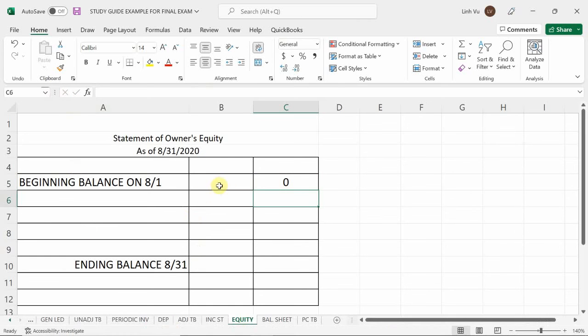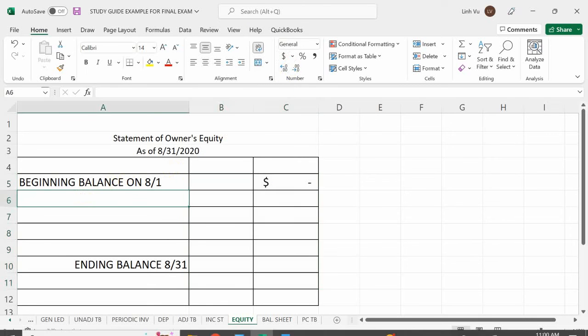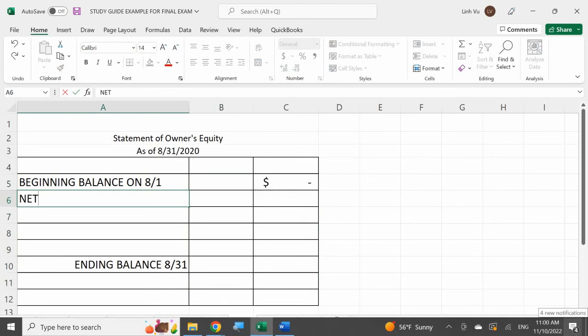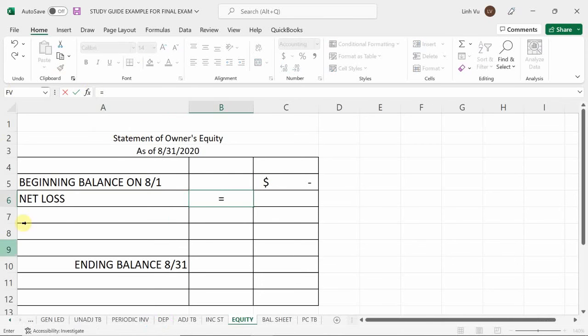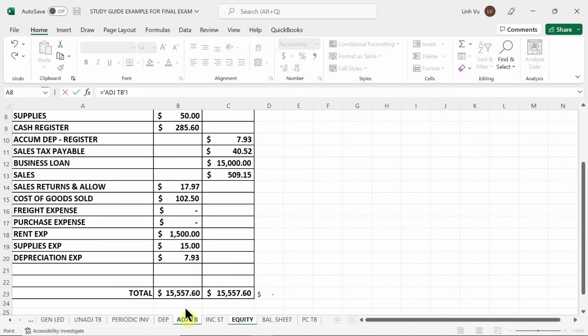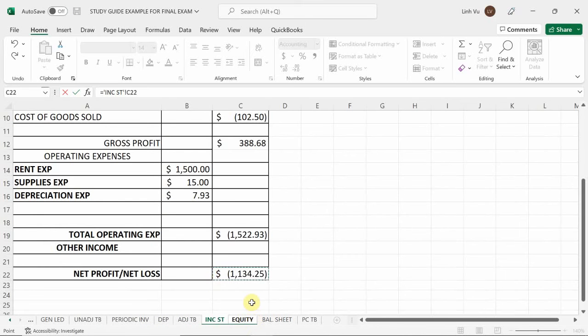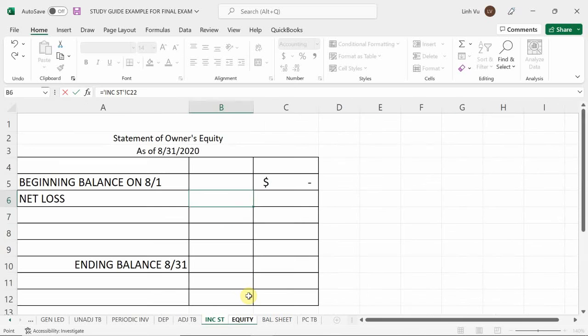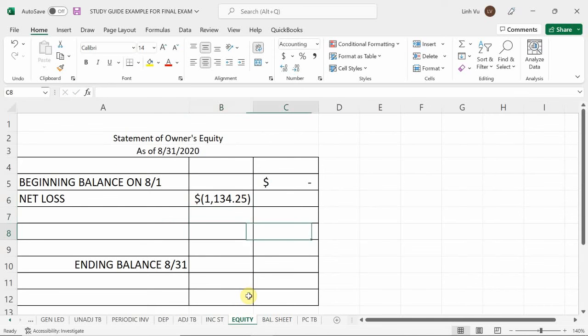Because you took a net loss, how much was your net loss? $1,134.25.